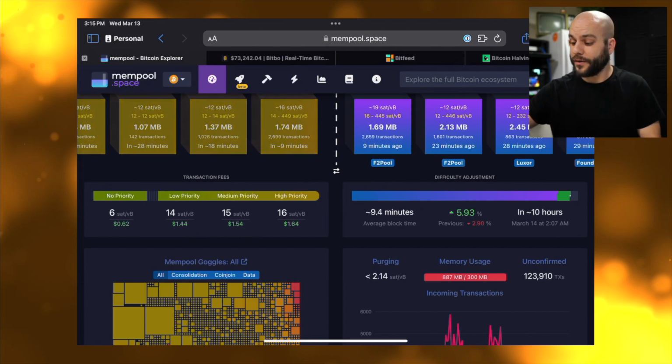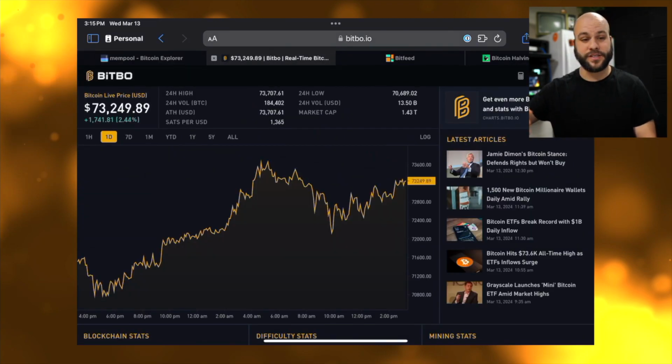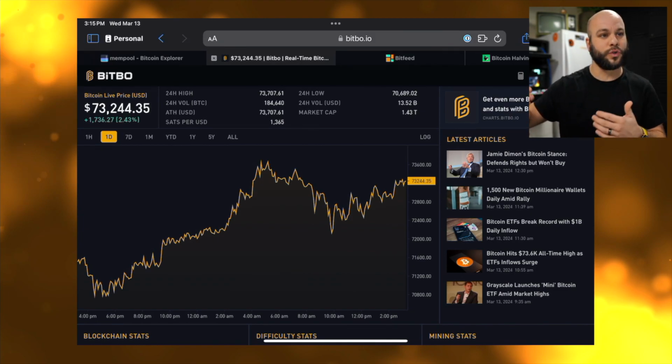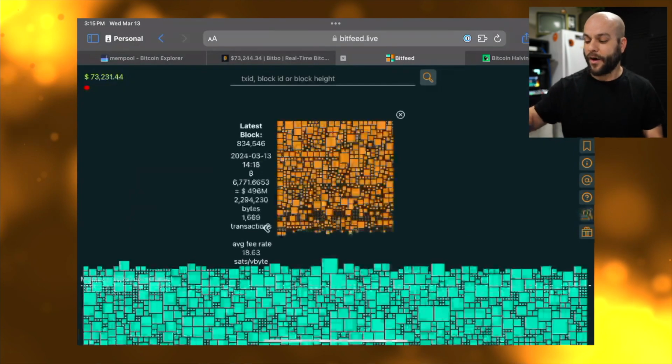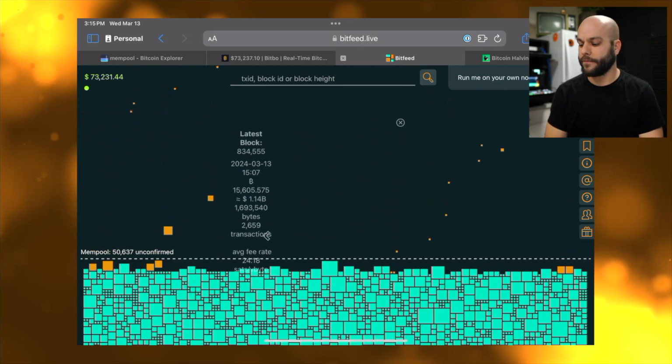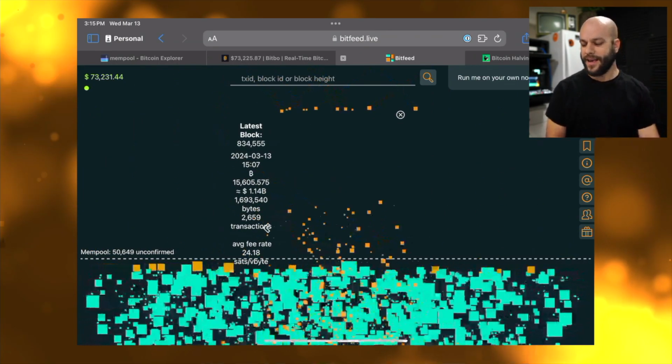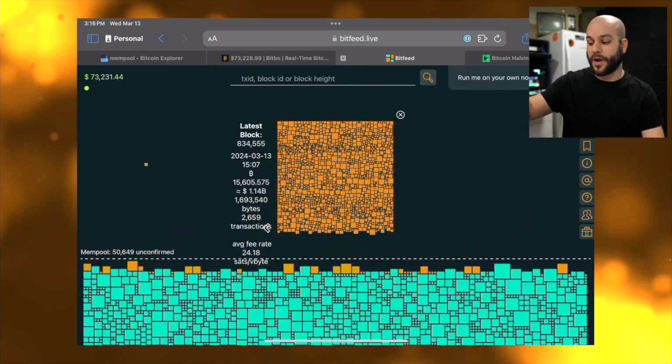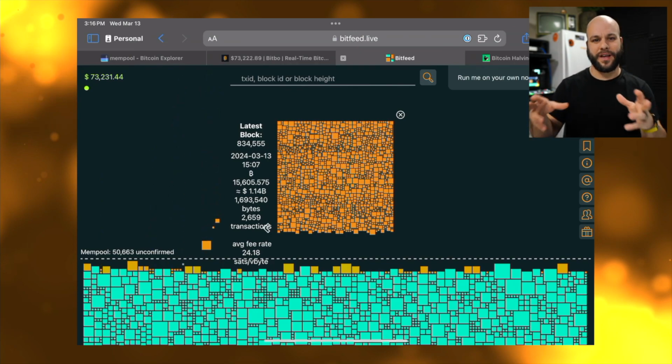However, we're also using real-time information. This is our chart information from BitBow. So this is bitbow.io, if you'd like to go see the chart, latest articles, news, stuff like that. Our transaction drip, the confirmed or unconfirmed blocks, comes from bitfeed.live. Go there if you'd like to see the latest block and then move up into there.